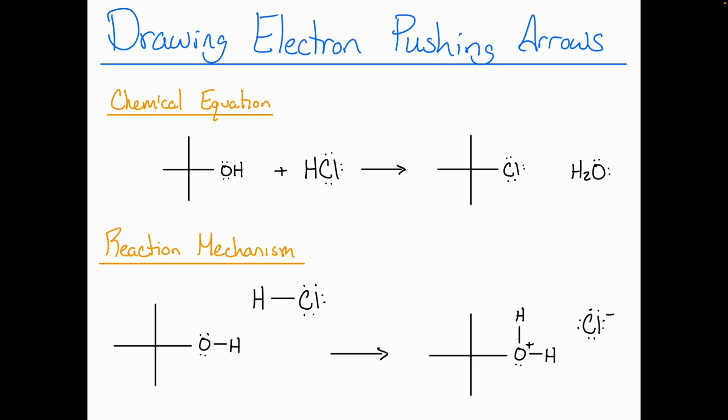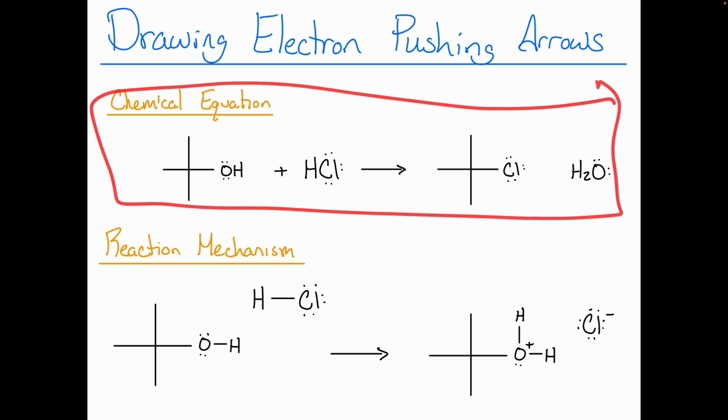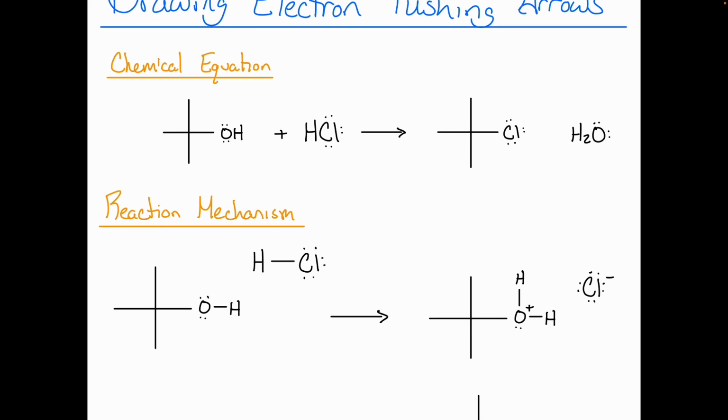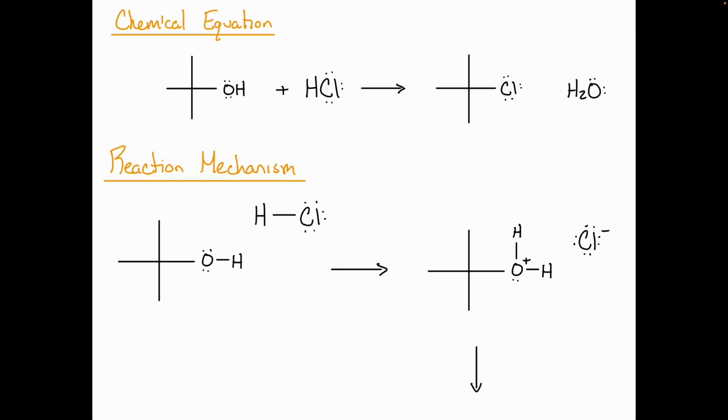One of the reactions of alcohols that we're going to show is that if you combine a tertiary alcohol with a strong, what are those, halogen acids, you get an alkyl halide and water. All right, so this is my chemical equation. But for this particular reaction, we'll also study the mechanism for that reaction. And this is the first step in that mechanism here.